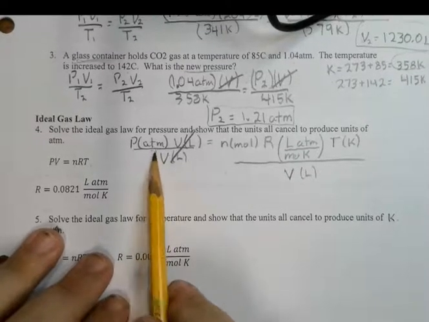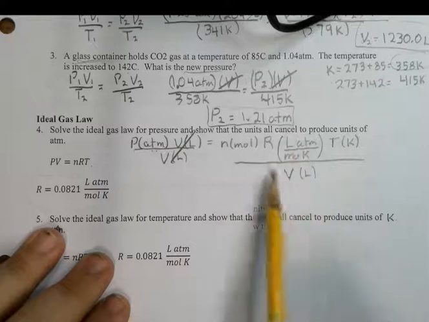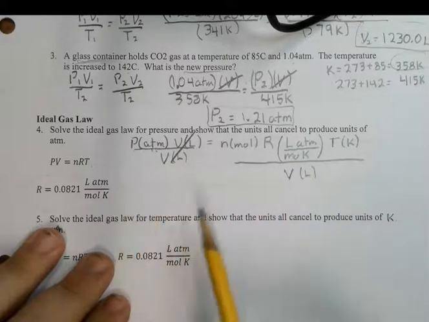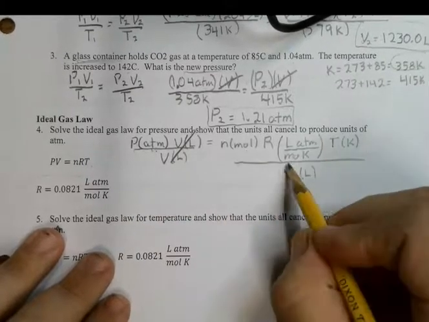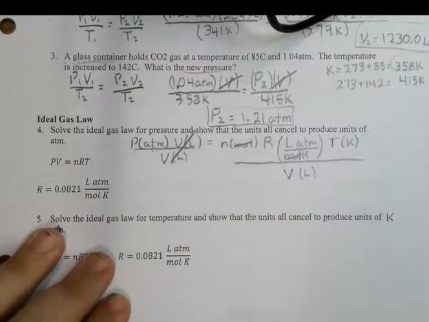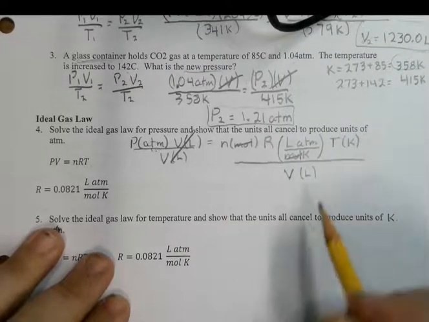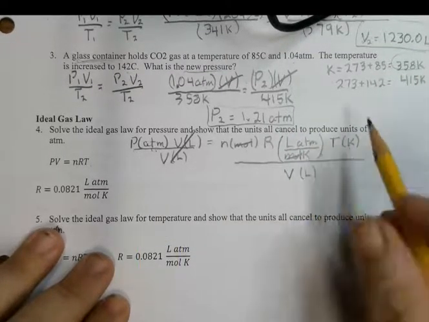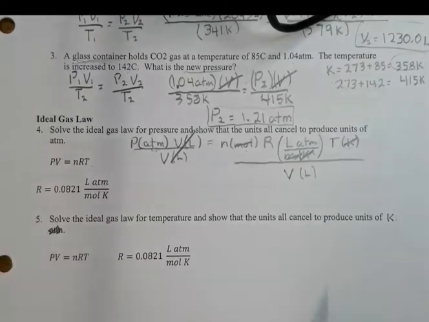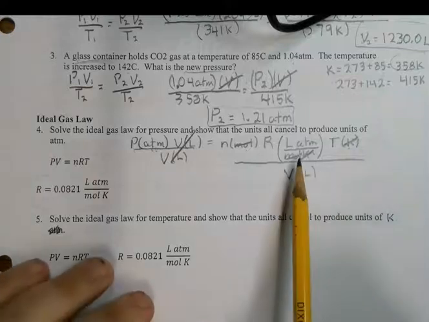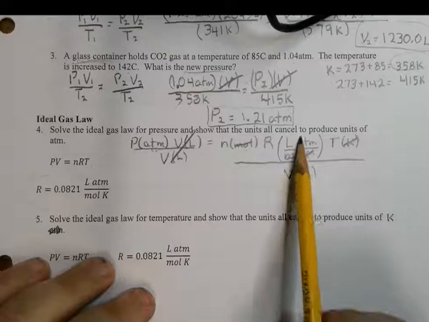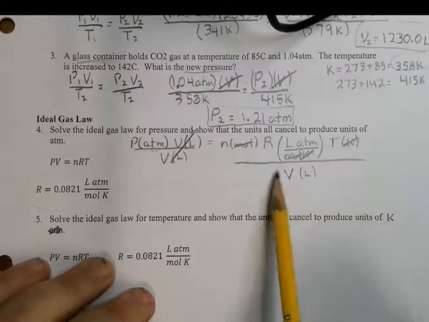So what we want to see is, does all of this over here give us a unit of atmospheres? So let's just see. We have moles here and here, they cancel. Should be an L there. Moles here and here, they cancel. We have Kelvin here and here, they cancel. Okay, you have liters in the numerator of a numerator fraction. So up here, this fraction is in the numerator of the bigger fraction.